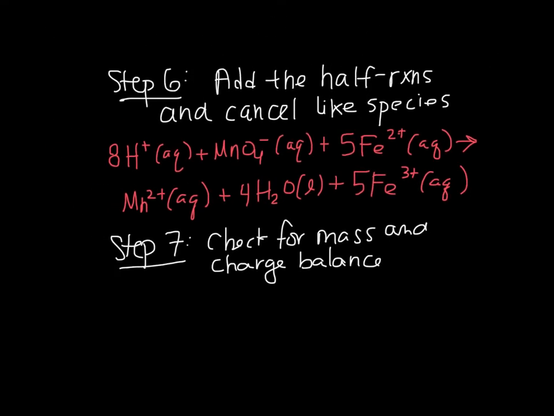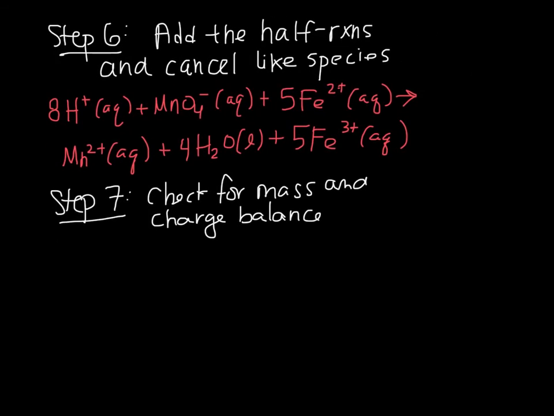And so we can do that with our reaction here. So we'll start with mass, and on the left side we have hydrogen, and we have 8 of those. We have manganese with 1, we have oxygen with 8, and we have iron with 5.